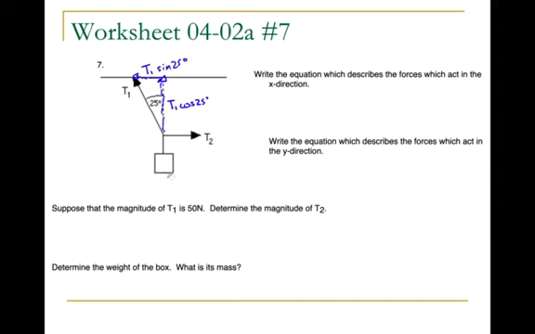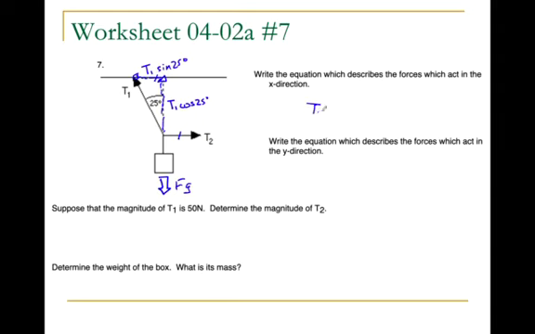So now, we've got the force of gravity acting downward down here. Write an equation which describes the forces in the x direction, or horizontal direction. What do we have here? We've got T1 acting this way. What do we know has to be true? It has to be exactly equal to this component, the horizontal component of T1. So what can we write?